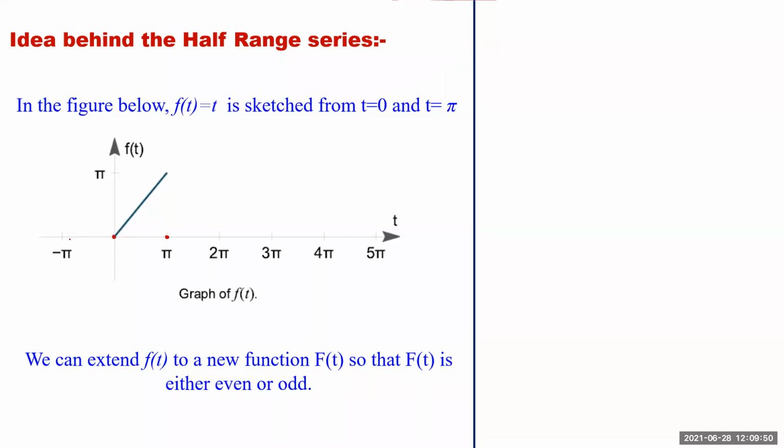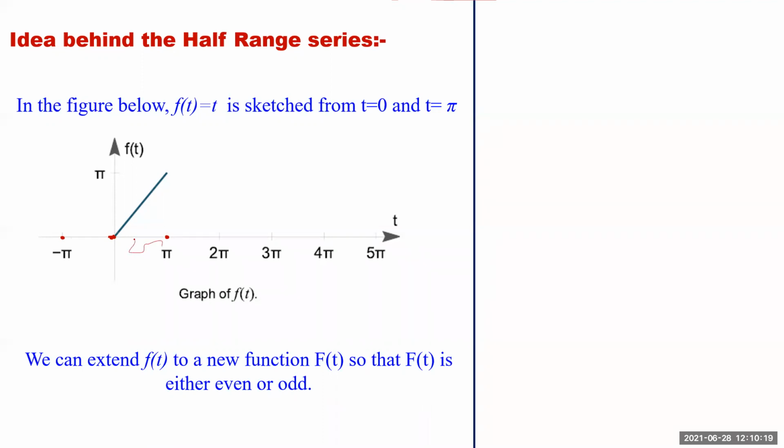But now I'm trying to extend this function in the interval minus pi to 0, so that the new function will be either even or odd. If you recall the basic definitions, the graph of an even function is always symmetric about the y-axis, or the vertical axis. The graph of an odd function will be symmetric about the origin.